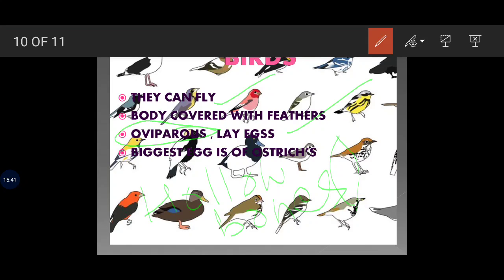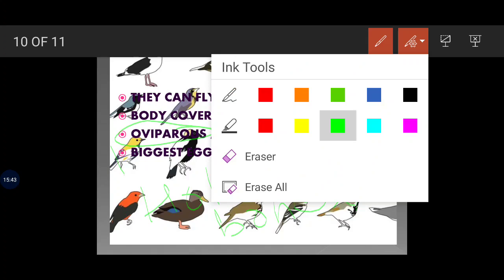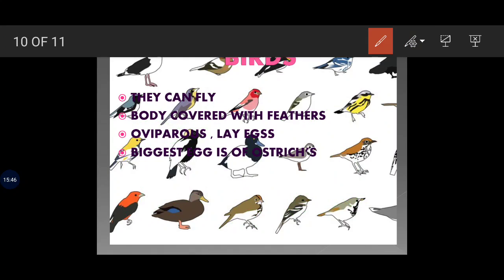And they are oviparous. Now, what is the meaning of oviparous, students? Do you know what is the meaning of oviparous? Oviparous means the organisms who do not produce their young ones directly, but lay eggs. So all egg layers are known as oviparous, and all those who produce their baby from the mother's body, like us, are viviparous.